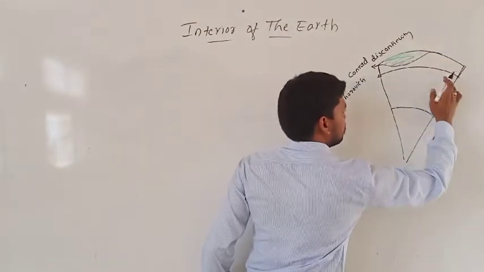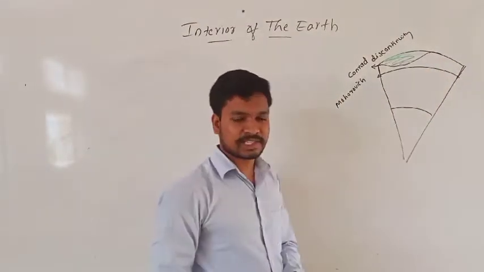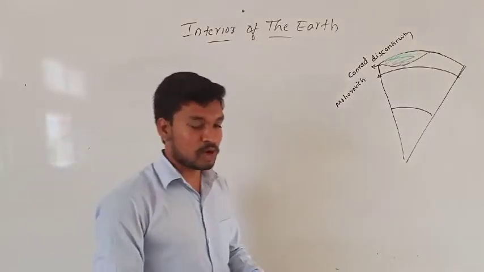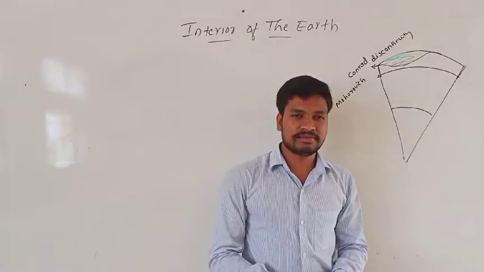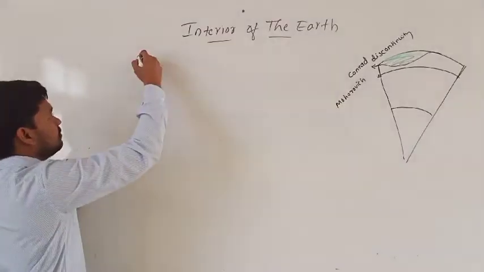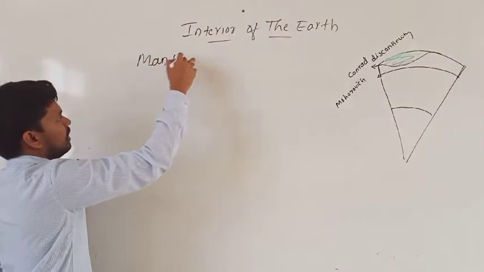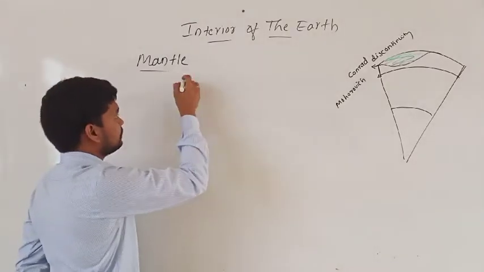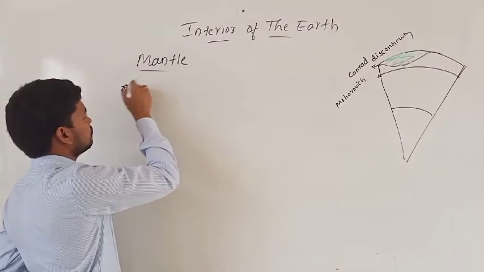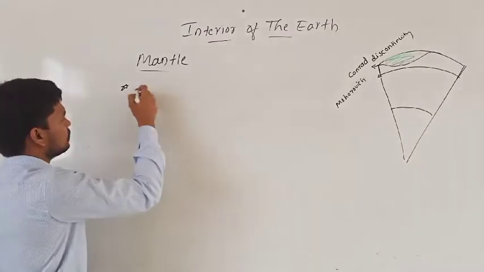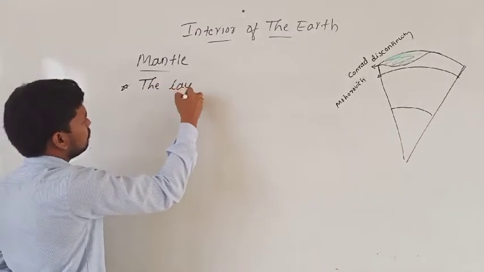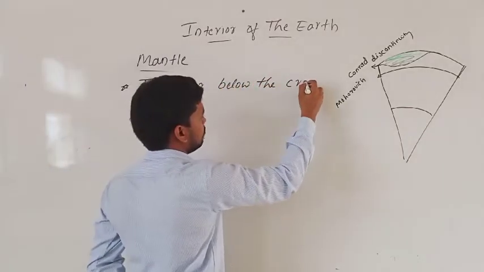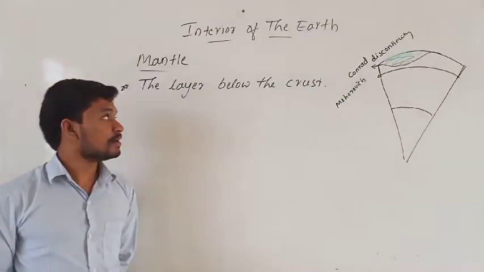The crust we discussed. Then the layer which is below the crust, what is that? The mantle. We'll discuss the mantle now. The second layer, the layer below the crust, is called the mantle.